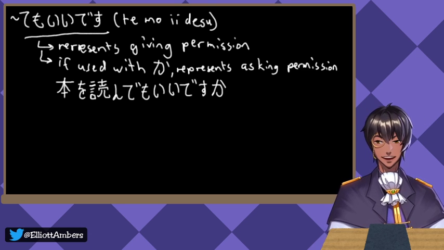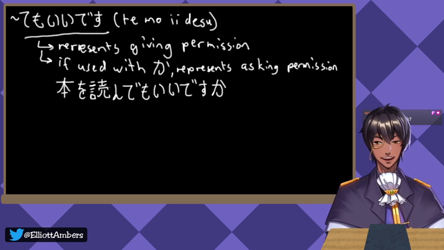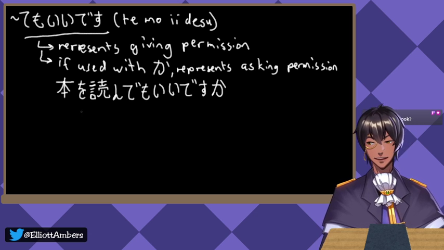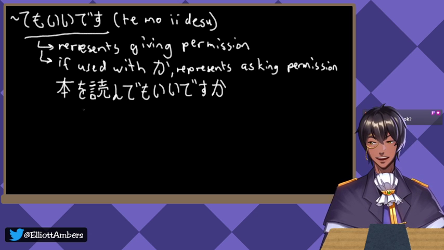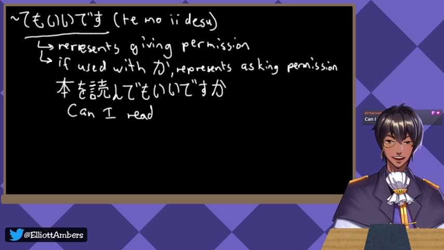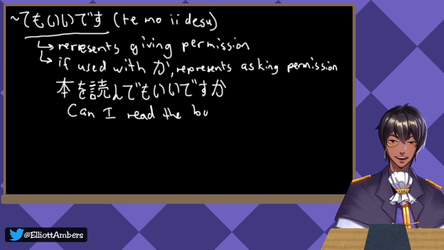So what this represents, hon o yonde mo ii desu ka? Can I read this book, or may I read this book, or the book? We didn't say koko. We didn't specify a pointer word, so it would be, can I read the book?